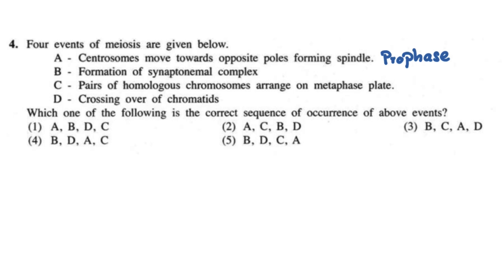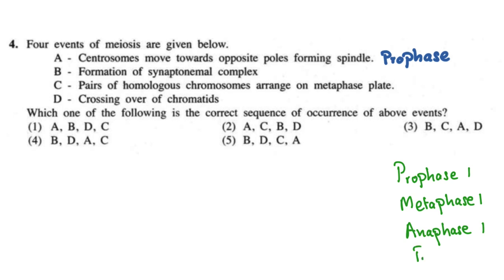So in meiosis 1 again we can find 4 phases: prophase 1, metaphase 1, anaphase 1 and telophase 1.